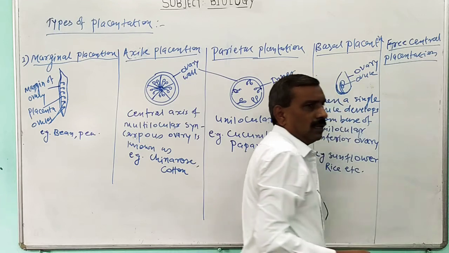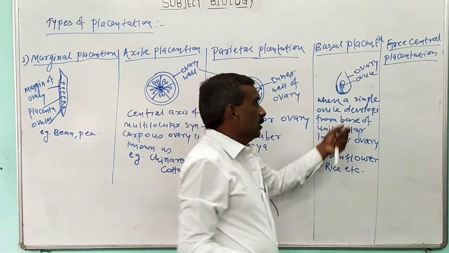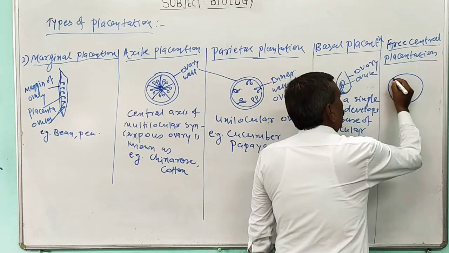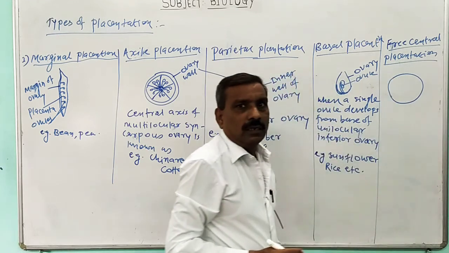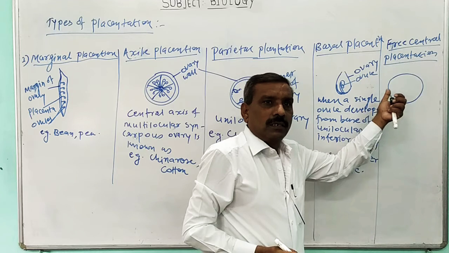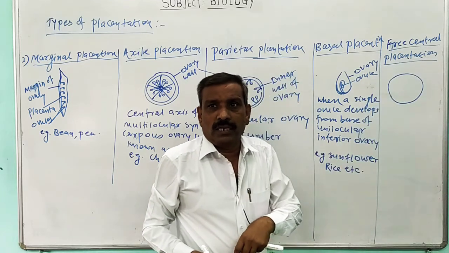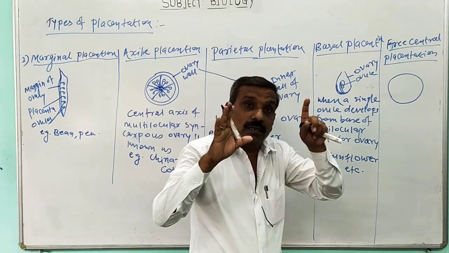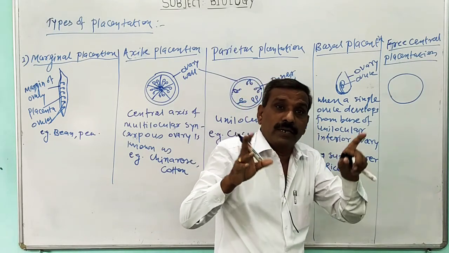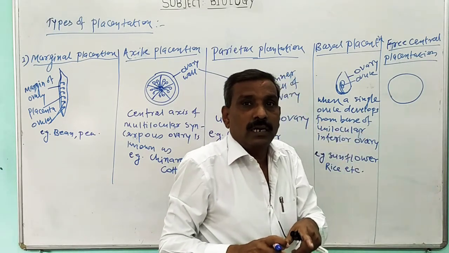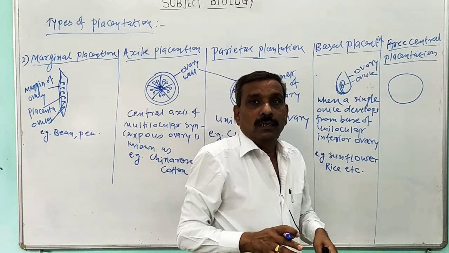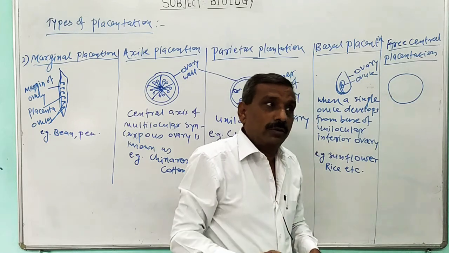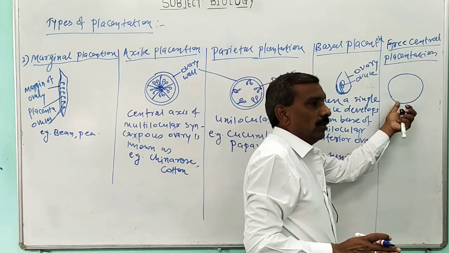Now in this case, the ovary is syncarpous and unilocular. That is, the gynoecium is multicarpellary, but it is syncarpous. But the ovary does not divide into different chambers, known as a unilocular ovary.